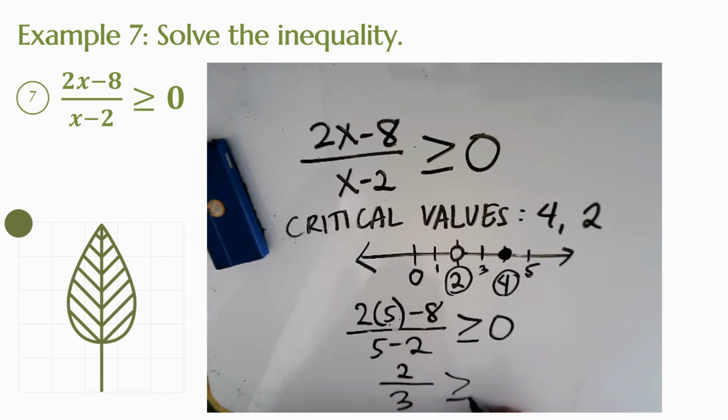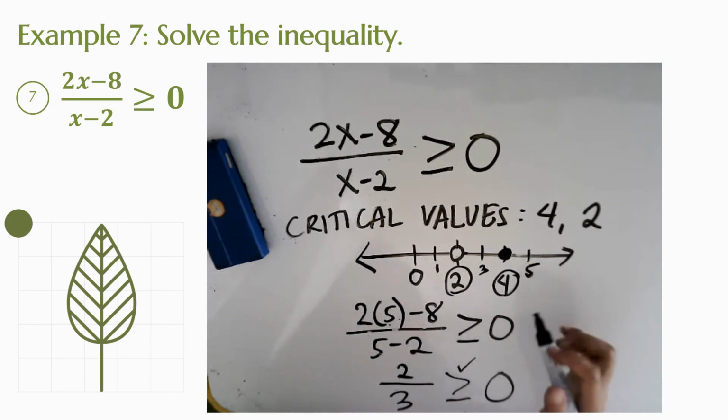Is 2/3 greater than or equal to 0? Yes, it is greater than 0. So this testing point shows that there is also a solution on the right side of the critical value 4.